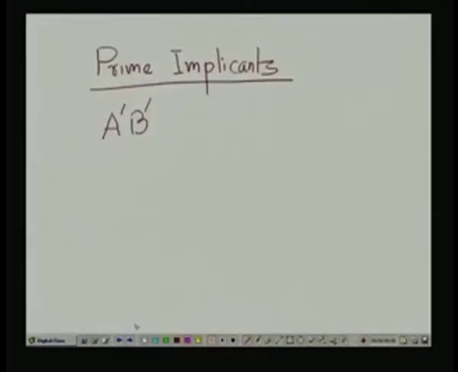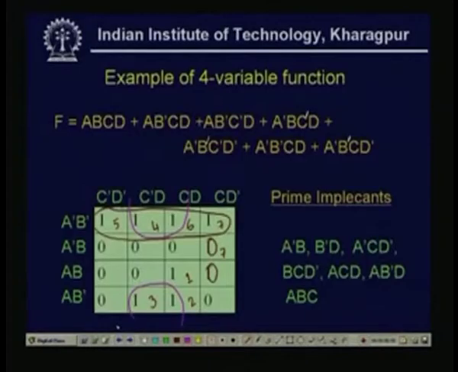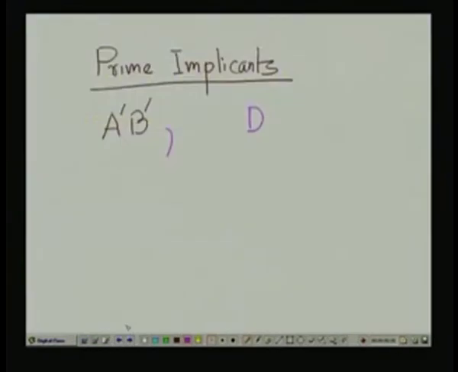So, I put D. Now, they are in the first row and the fourth row. So, in between first row and fourth row, B bar is common and A bar will cancel. So, another prime implicant will be B bar D.